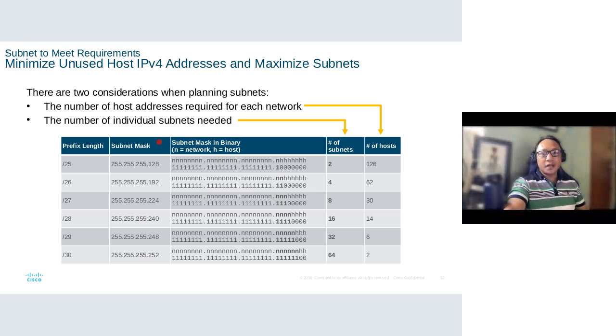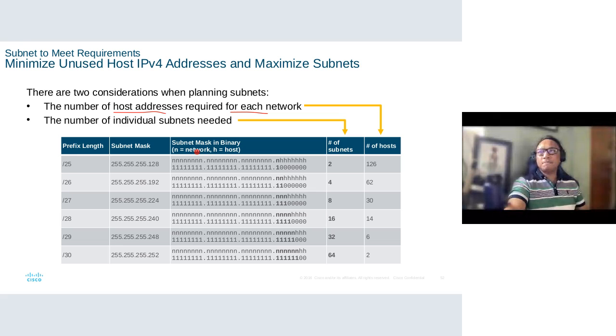The first consideration is alamin mo muna kung ilan ang host address na required sa bawat network. So that's the first requirement, no? Hindi ka nagsa-subnet ng kursunada mo lang o kung ano lang yung gusto mo. Alright? So you need to determine the number of host address na talagang required for each network.